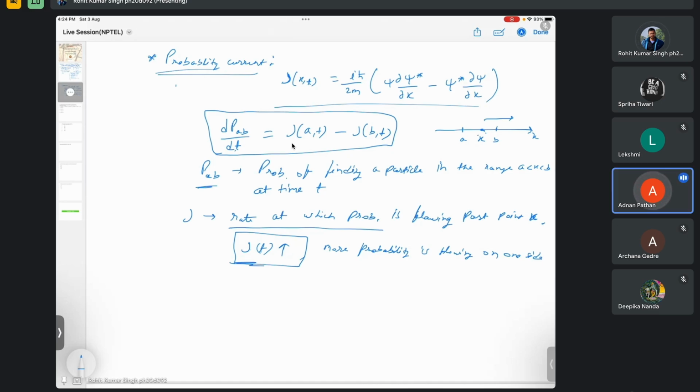And this is also in terms of probability only, like in terms of percentages. It's a probability, so you have a normalized wave function, so it's 0 to 100% that will be there.